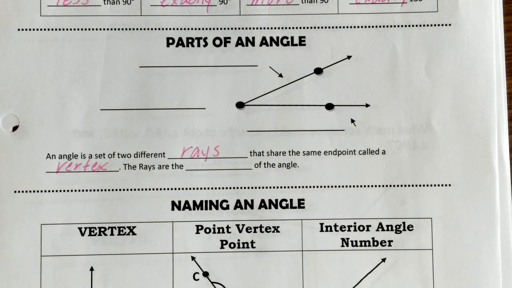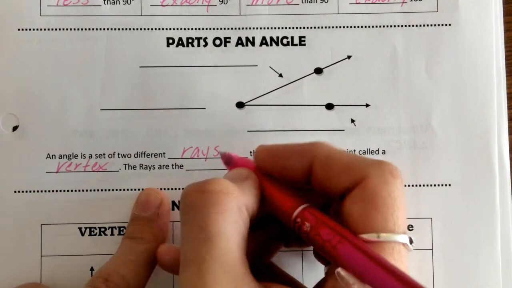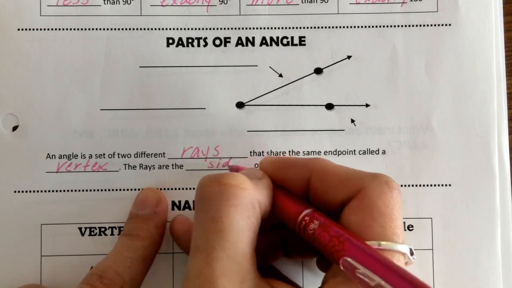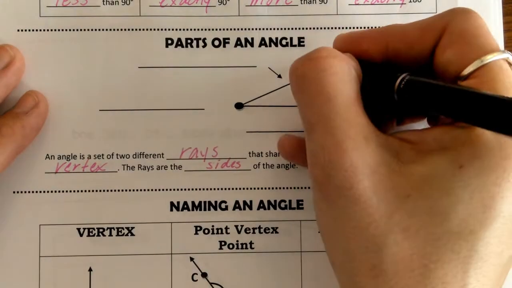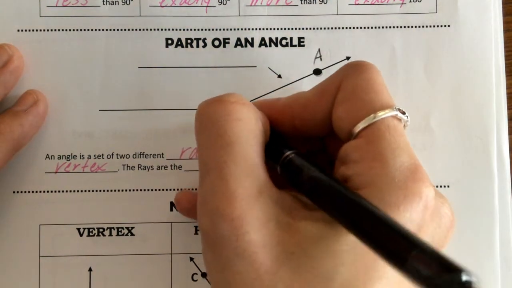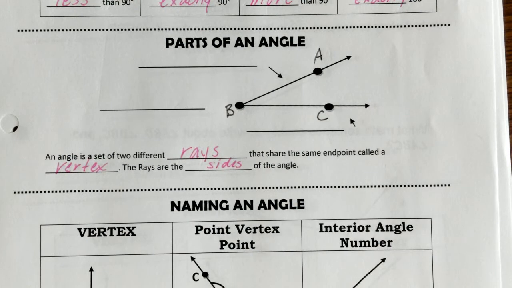So here we have the rays. What we looked at right here are going to be the sides of the angle. Now our angle has 3 points, but it doesn't have letters for the points, and we know that points have to have a letter, right? So we can just name this guy A. We'll just make it real simple, B, and C. There is one thing missing on here.